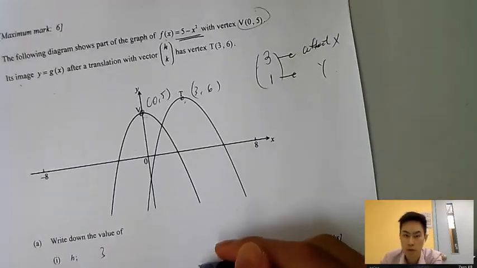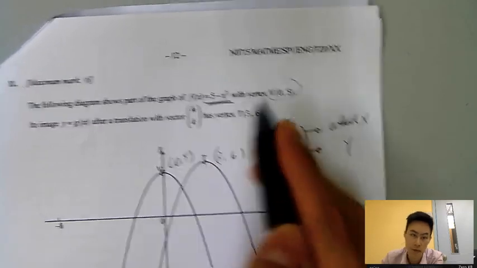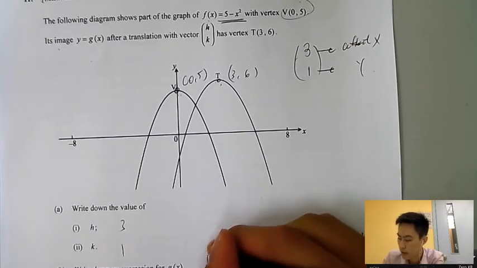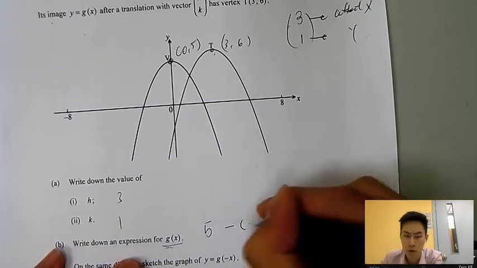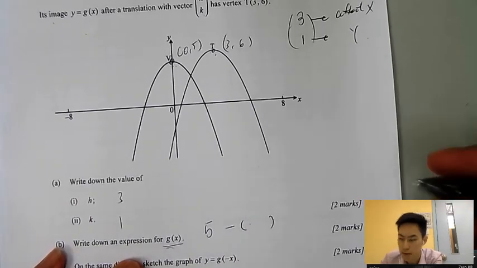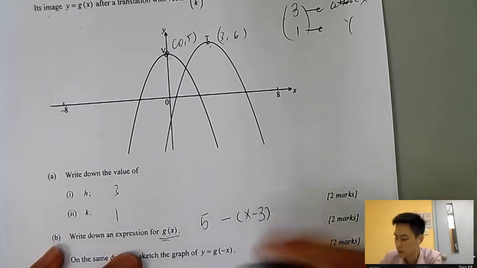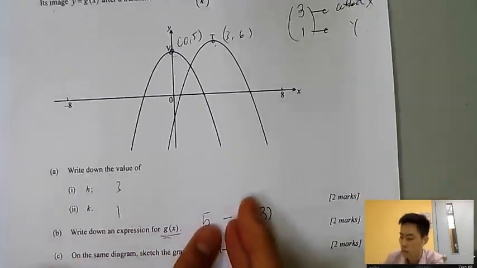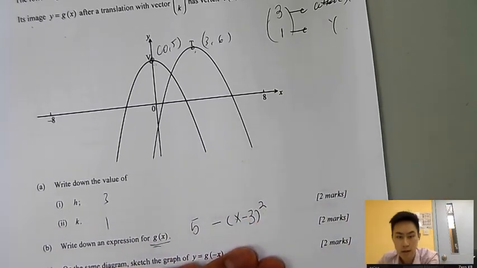So how do I write the new function? I know that the original function is 5 minus x squared. So the whole x would be replaced by x minus 3. It's not plus 3, because in the equation, minus means it goes right. And then square.